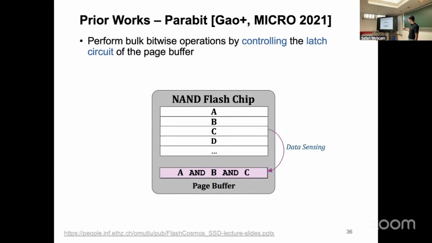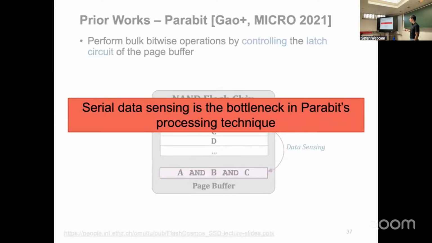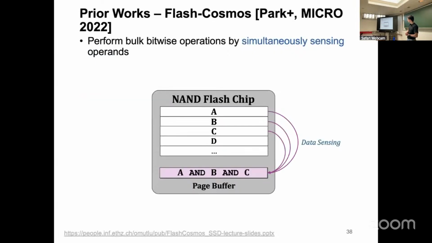So read A, B, and C, and then accumulate the result in the page buffer. However, the serial data sensing is the bottleneck in this processing technique, and we can do better. Namely, Flash Cosmos improves this by simultaneously sensing the operands. And if you do this cleverly enough, you will only have to do one read and get the result directly in the page buffer.